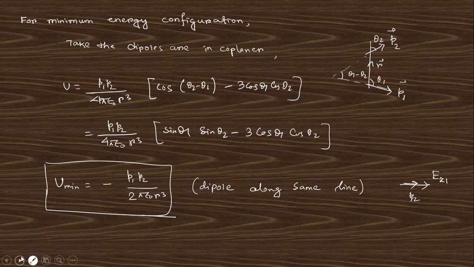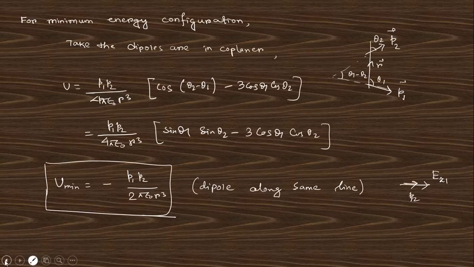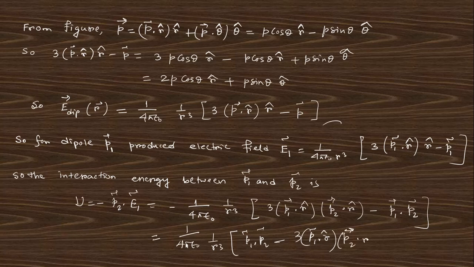So put this value, you can see there is p1 dot p2. Actually this can be written in the opposite direction, that is 1 by 4 pi epsilon naught 1 by r cubed. This is p1 dot p2 minus 3 p1 dot r cap times p2 dot r cap, right?